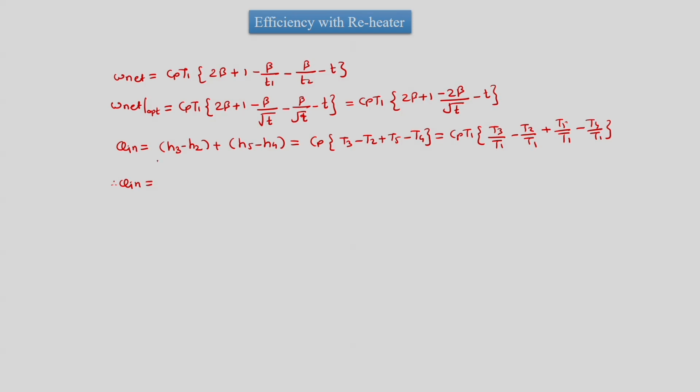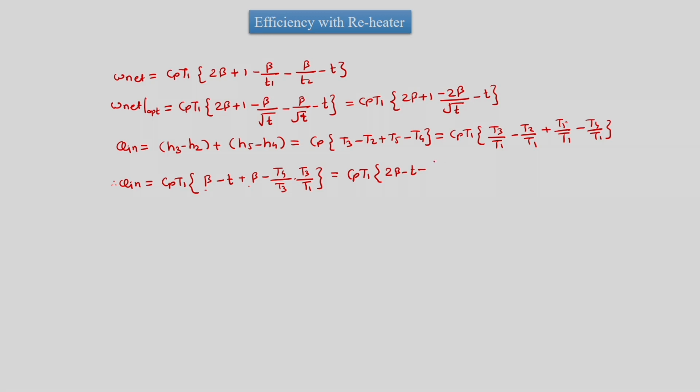So Q in is equal to Cp T1 into T3 by T1 is beta minus T2 by T1 is T, and T5 by T1 is again beta, and minus T4 by T1 is T4 by T3 into T3 by T1. So we have Cp T1 into these two betas would get twice beta minus T minus T4 by T3. So T4 by T3 is 1 upon T1.